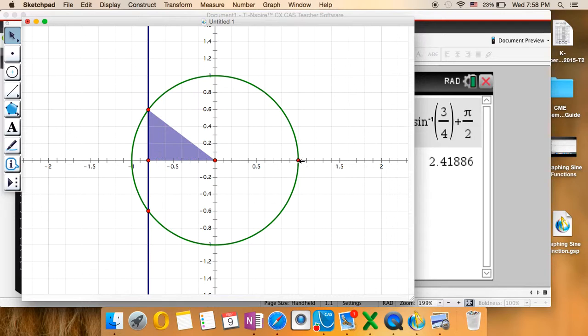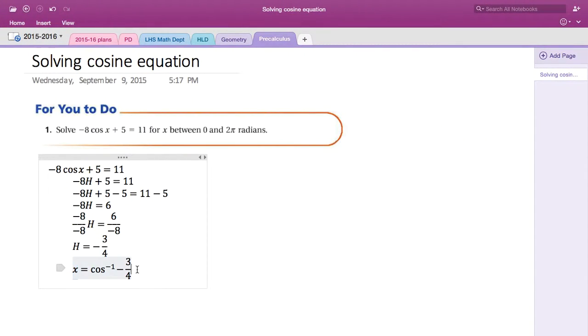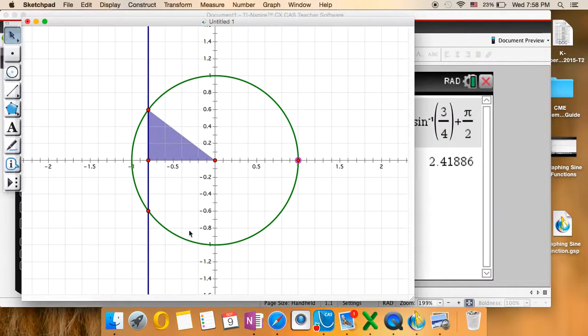From the same point to the second point going backwards is also 2.41. But we have two solutions, as we see on this graph, which is right here.